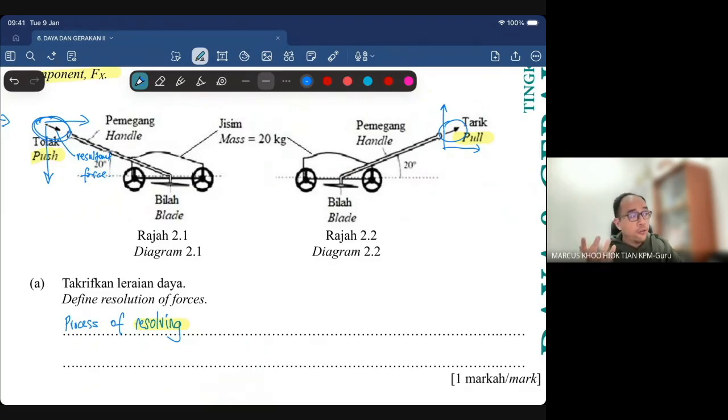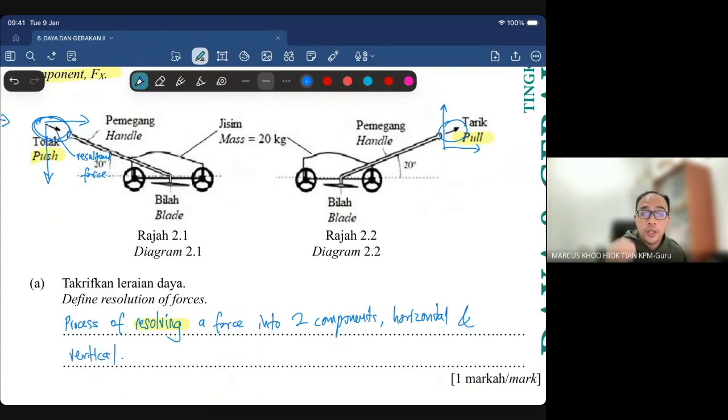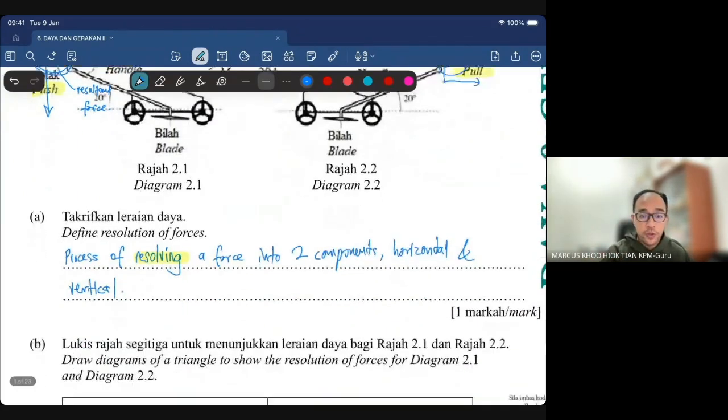Process of resolving a force into 2 components, horizontal and vertical. So you break the force into the horizontal component and the vertical component. So that's what we call the resolution of forces.